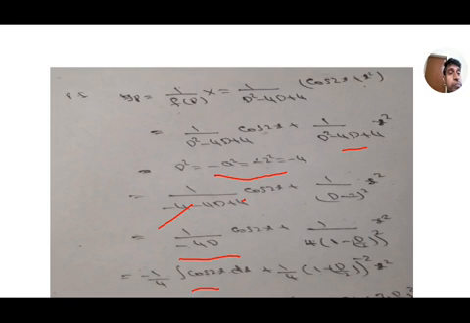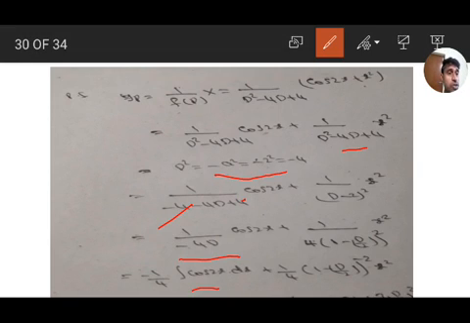Next, here D square minus 4D plus 4 is D minus 2 whole square. So taking the least term common, minus 2 is outside, minus 2 whole square means 4, 1 by 4 outside, 1 minus D by 2 whole square. Bring into numerator: 1 minus D by 2 whole to the power of minus 2 we get.